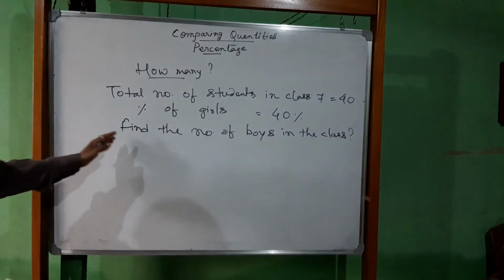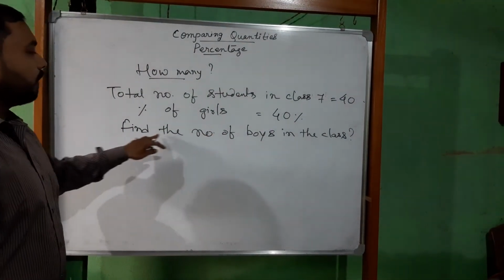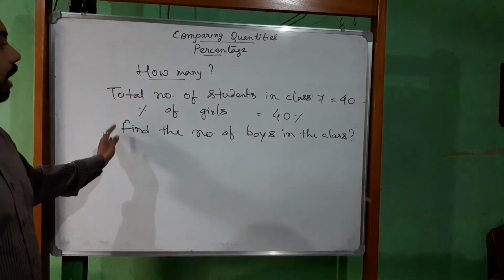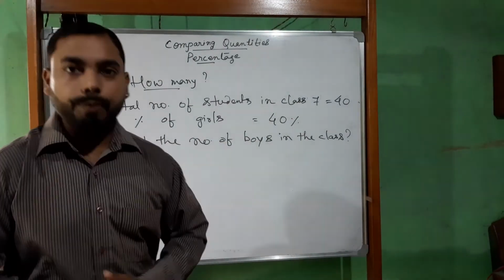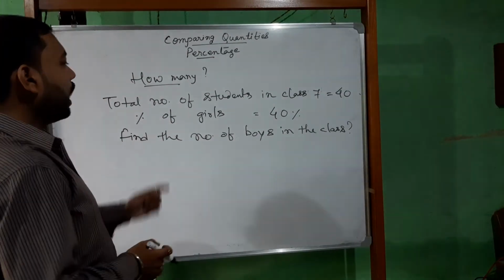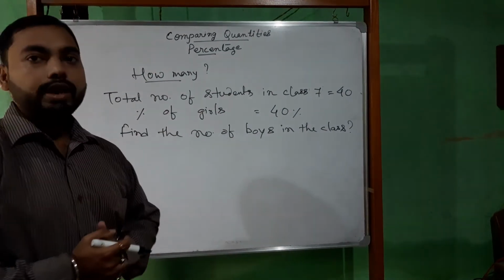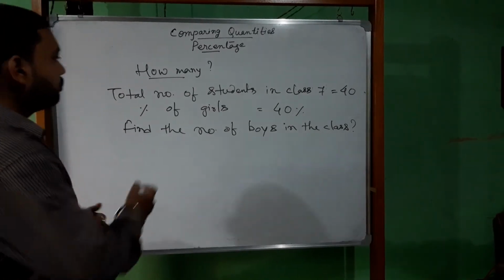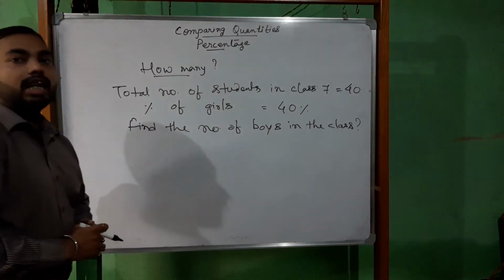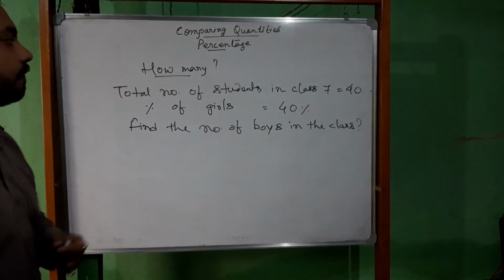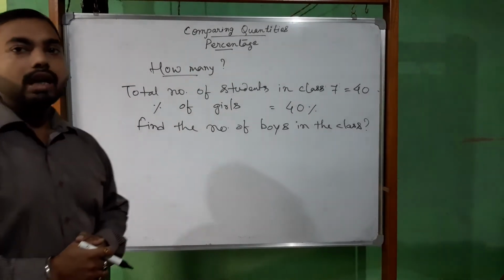In place of find the number of boys, we can also write how many boys are there in the class. So that is a question of how many. Now how to calculate this? The percentage of girls is given, but the number of girls is not given. So at first we have to find the number of girls in the class.